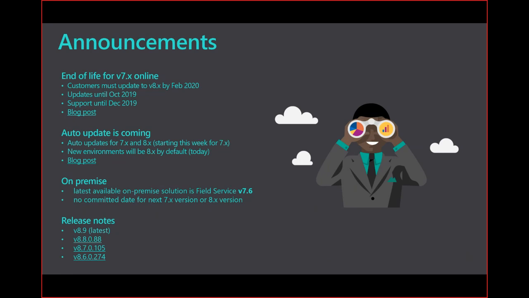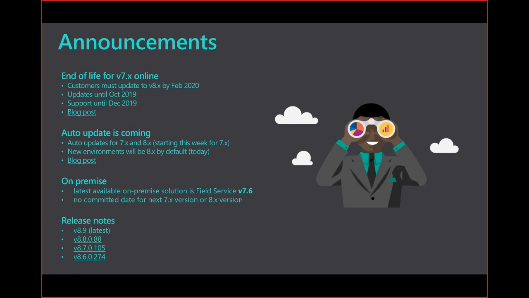So for auto updates though, within those versions, for version 7, starting as early as this week, some orgs will start to see this. We will be updating orgs from whatever version they're on to the latest available version. For version 8, that'll also start happening, but it's a little bit further out because there are some additional complexities to some of the version 8 releases.